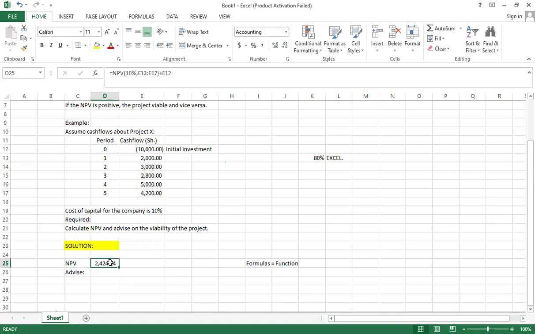When this is positive, we have already said that in that case, the project is viable. So you'll just comment that the project is viable because NPV is positive. And that's it, guys, for that question.